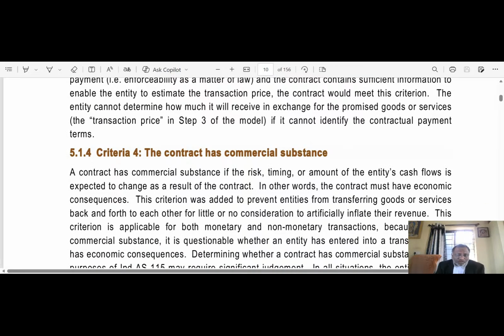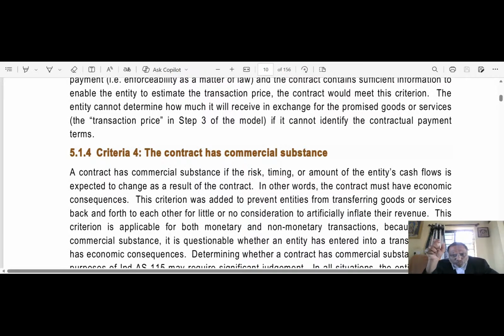Criteria 4: the contract has commercial substance. A contract has commercial substance if the risk, timing, or amount of the entity's cash flows is expected to change as a result of the contract. In other words, the contract must have economic consequences.